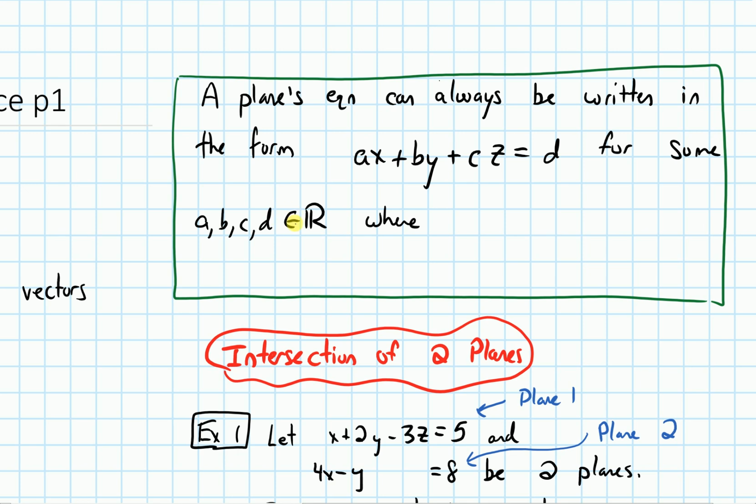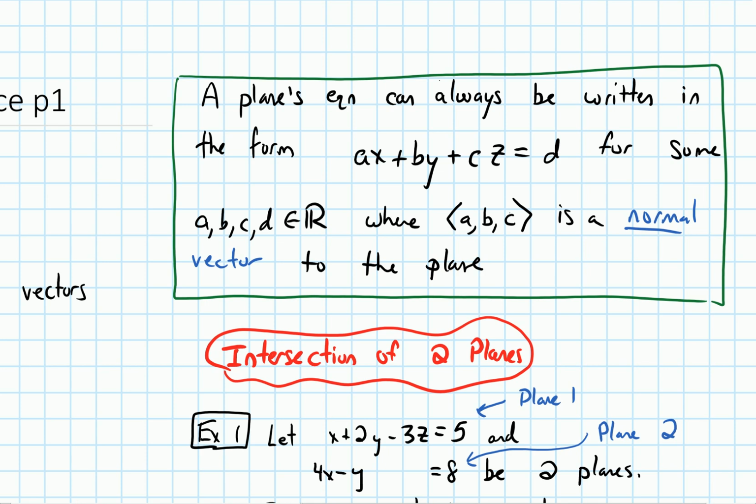It's saying that they are elements, that's what this E symbol means, elements of the reals. And the vector where you take the a, the b, and the c, and write them as the components of that vector, is a normal vector to the plane.